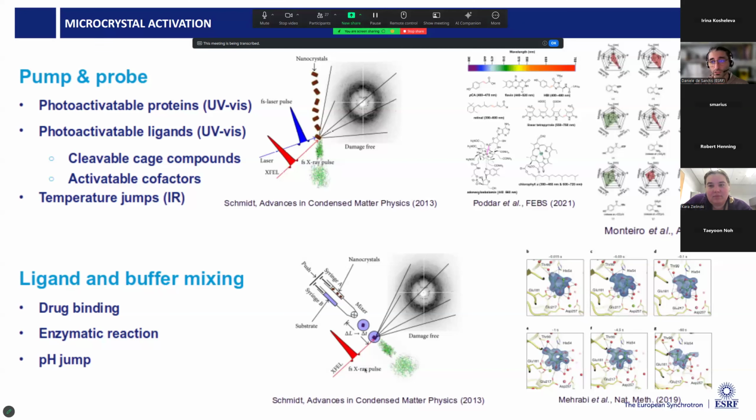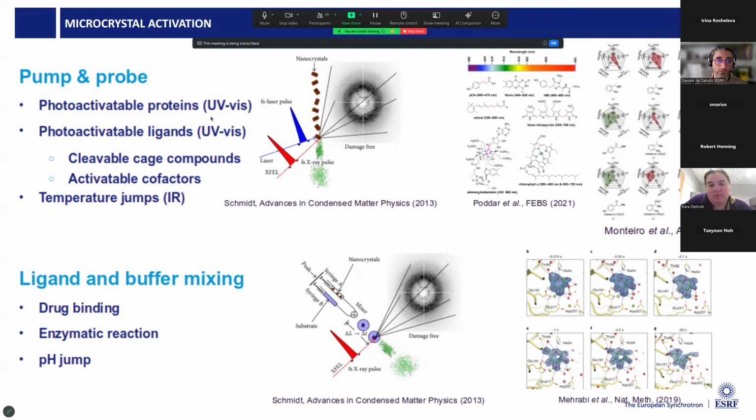In addition, as we know from the initial experiments done in the last decade or a bit more at free electron lasers, working with microcrystals has the distinct advantage that when you work with photoactivatable molecules, you have a better penetration of the laser probe in order to excite a larger part of the volume of the crystals, which is sometimes limited in larger crystals because of the penetration depth.